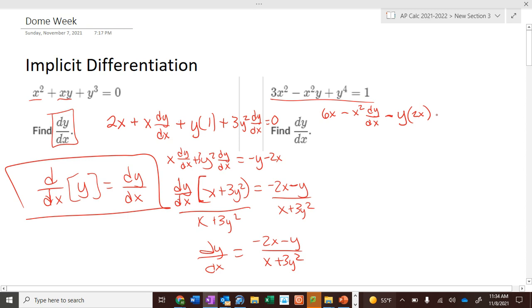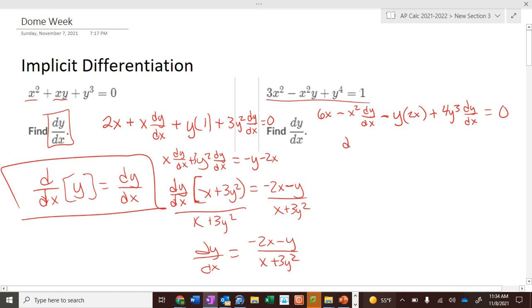There's no dy/dx on that one because we're not taking the derivative of a y there. And so what's the derivative of y to the fourth? 4y cubed dy/dx. What's the first derivative of 1? 0.